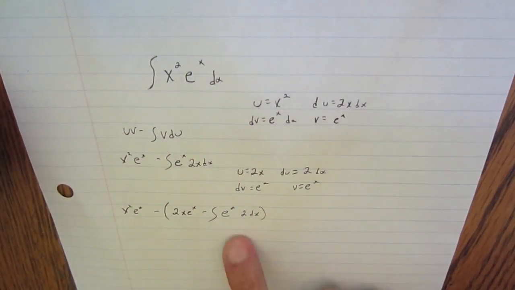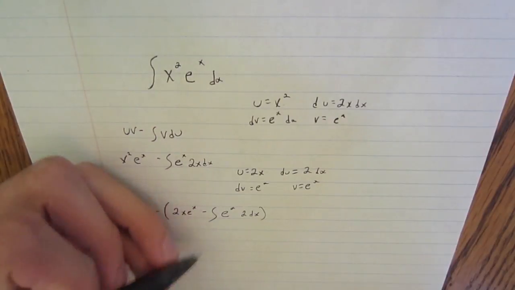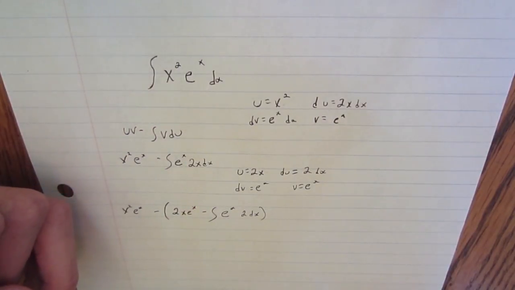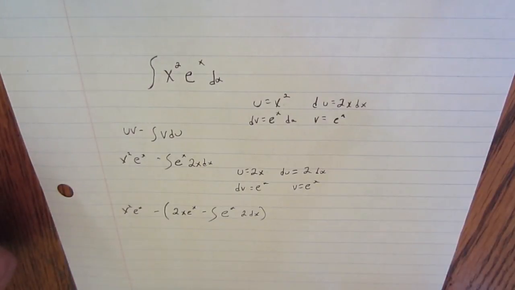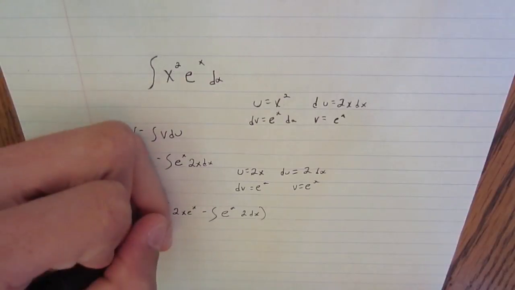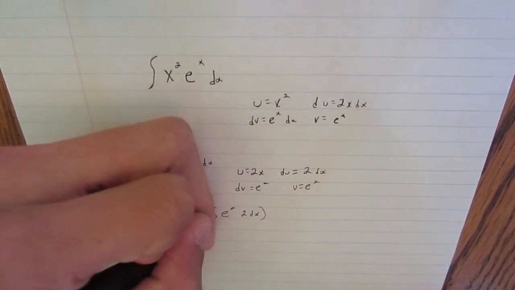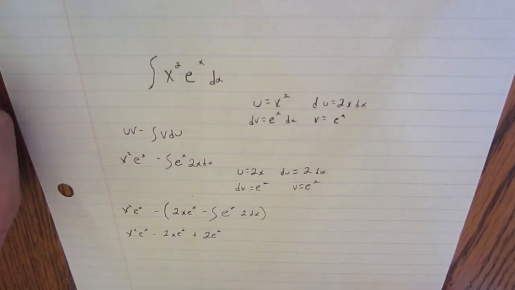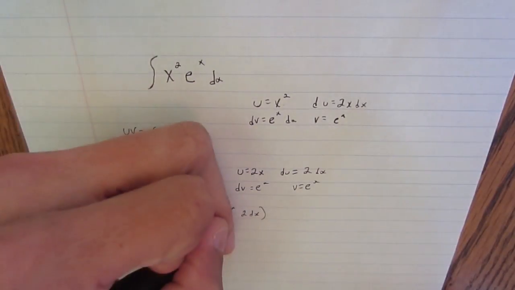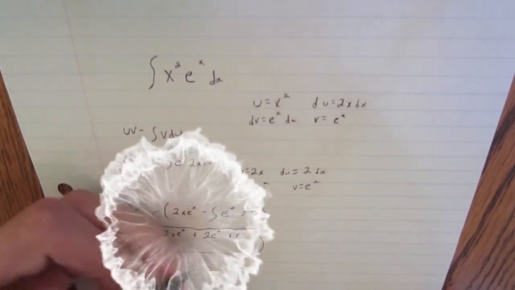And so the integral of negative 2 e to the x is just negative 2 e to the x. Distributing the negative, plus 2e to the x, and then of course you cannot forget your plus c. There's your answer, and see you later.